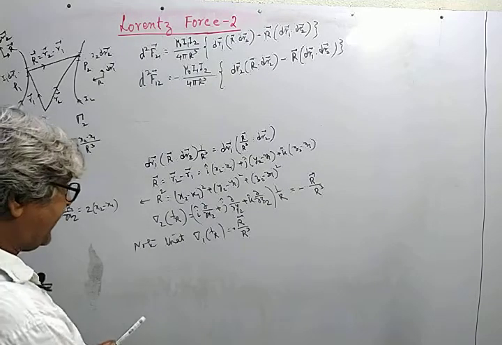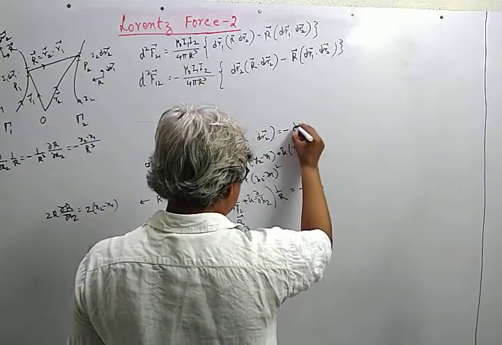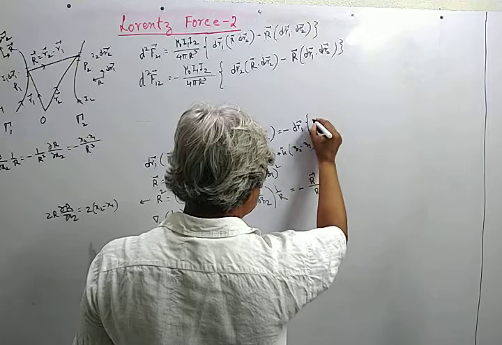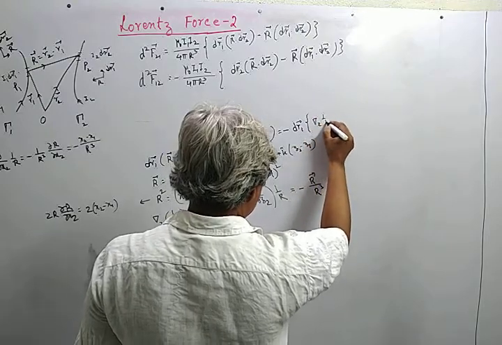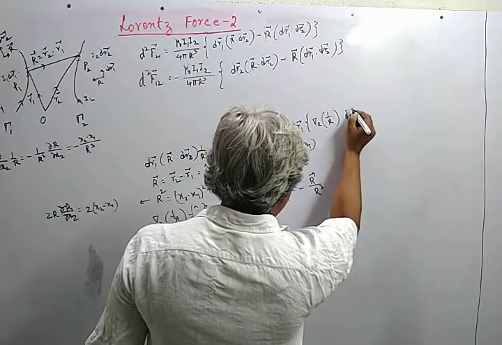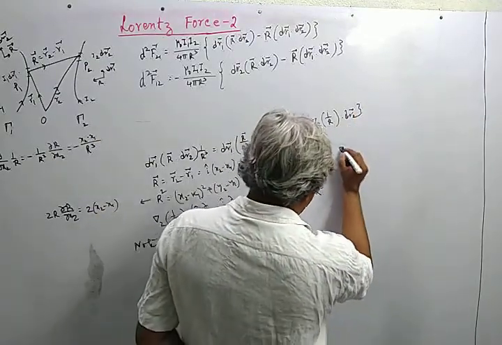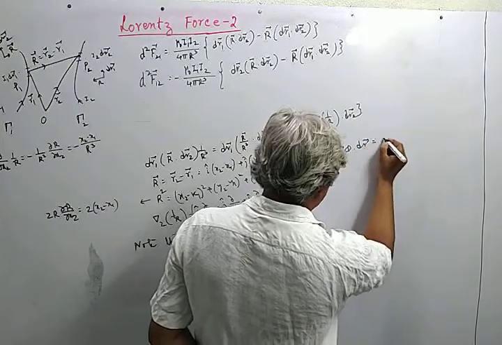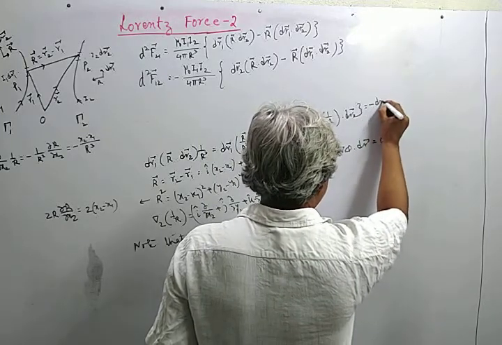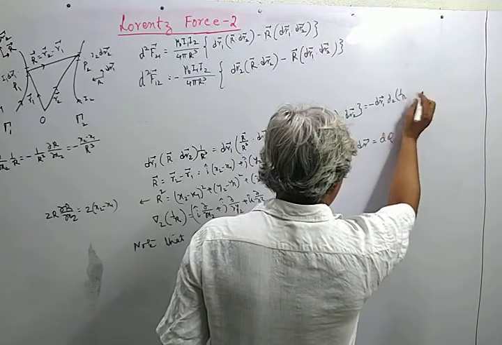So what we get is that this term is equal to minus dr1. This part is of the form grad phi dot dr equals d phi, so this part is actually equal to minus dr1 d2 of 1 by r.